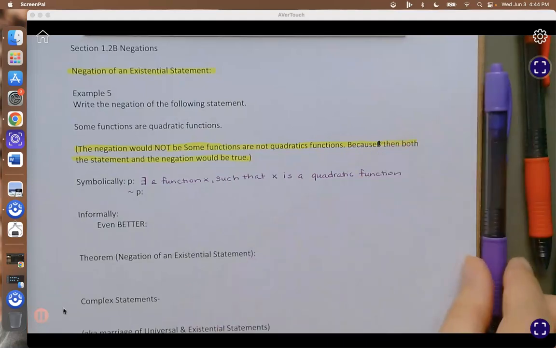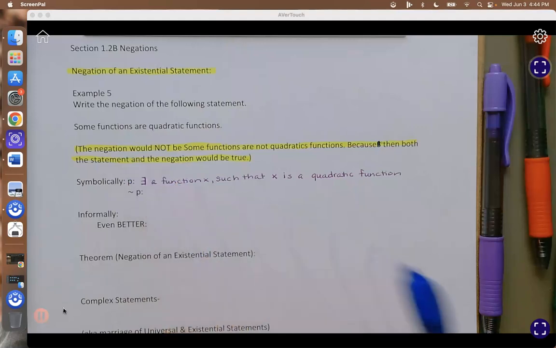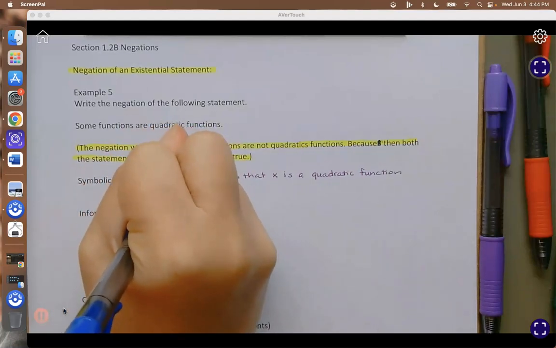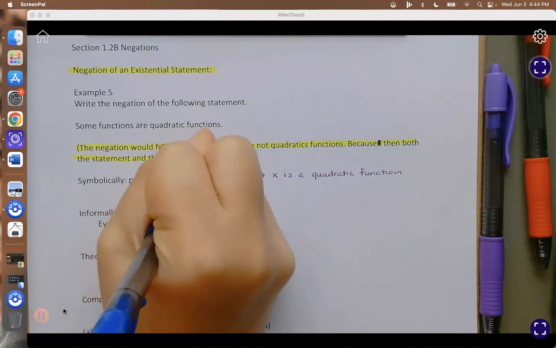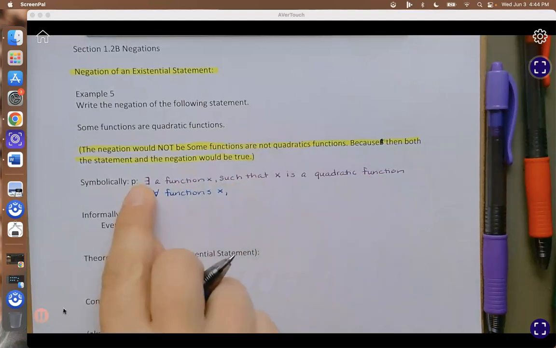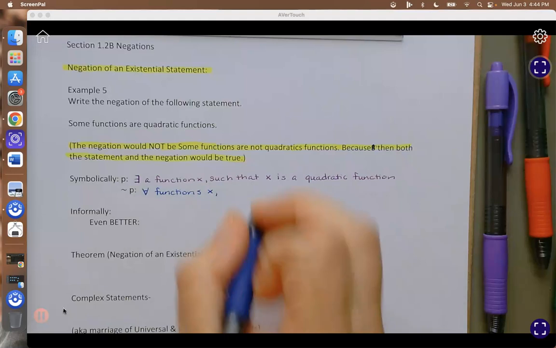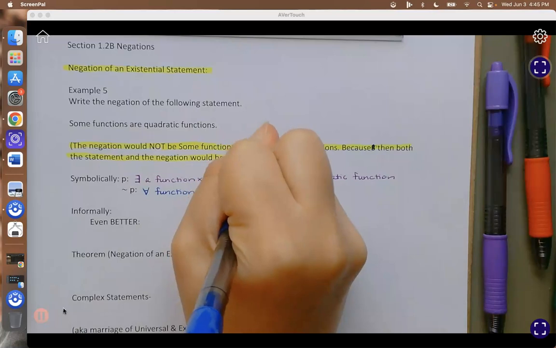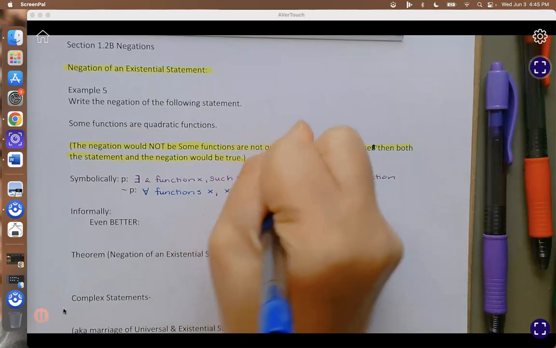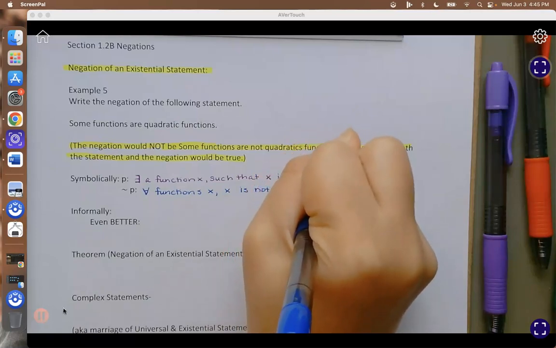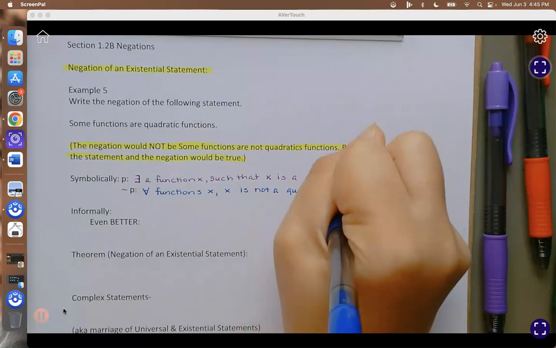So remember, you would change it to a universal statement, so that would become, for all functions x, and you don't leave in such that because that only goes with the there exists. For all functions x, x is not a quadratic function.